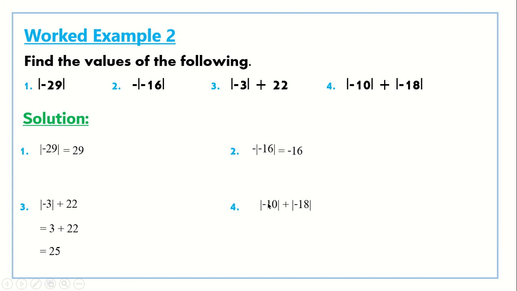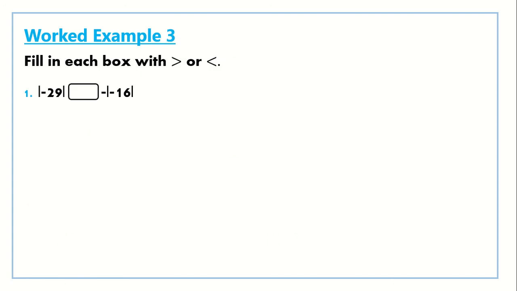So, the absolute value of negative 10 is 10, and the absolute value of negative 18 is 18. So, we have 10 plus 18, which is 28. I believe you have really understood this very well. Let's move on to the final example.